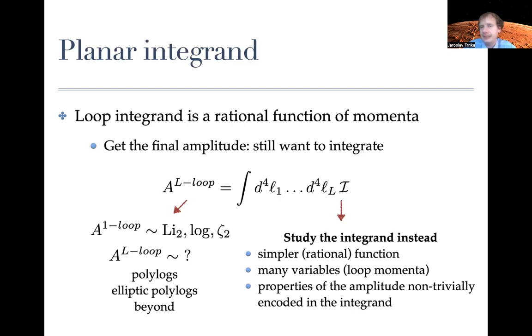But as I said, we will focus on this first part, which is the loop integrand, and it's a rational function. It has many variables because if we go to arbitrary loop order, it depends on all these loop momenta, which on the left-hand side we would integrate over. Here we have them explicitly, but the advantage is that it's a rational function, and we can basically determine it from its poles and singularities.